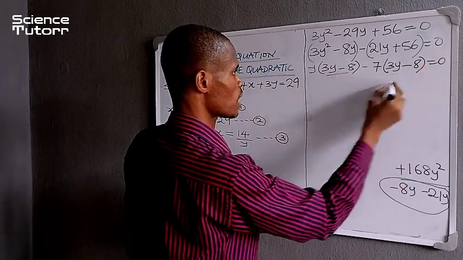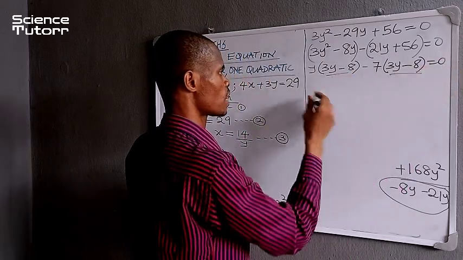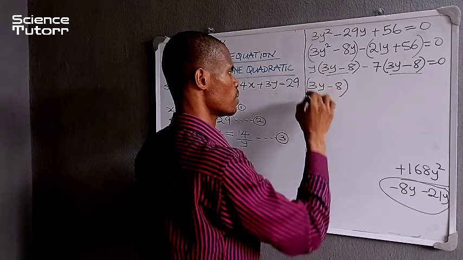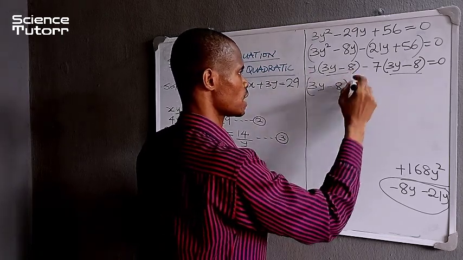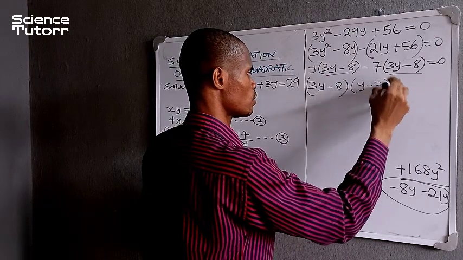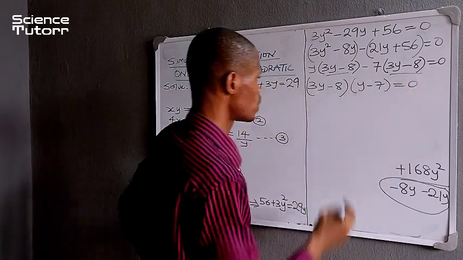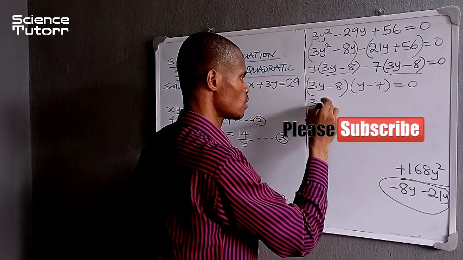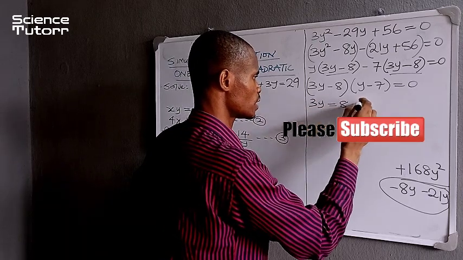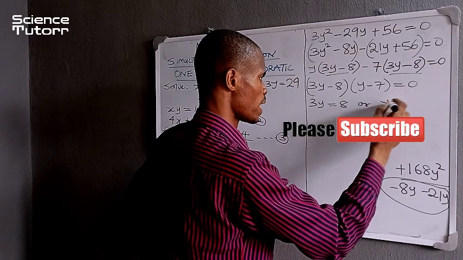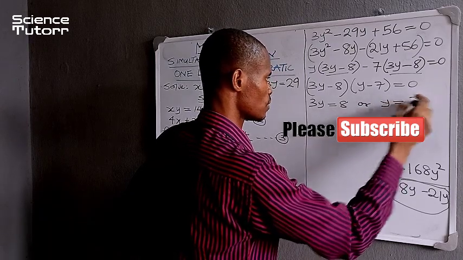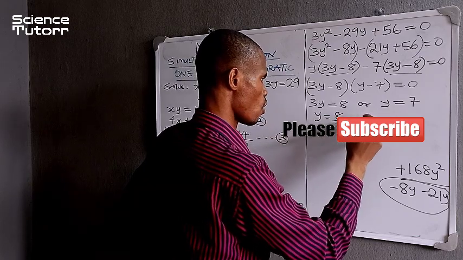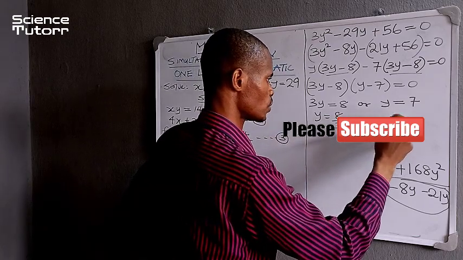So you can see we have common factors here, so we pick one. 3y minus 8 is 1 pair, and then we have y minus 7. So y minus 7 equals 0. Equating both to 0, that gives us 3y equals 8 or y equals 7. So y is equal to 8 over 3 or y is equal to 7.